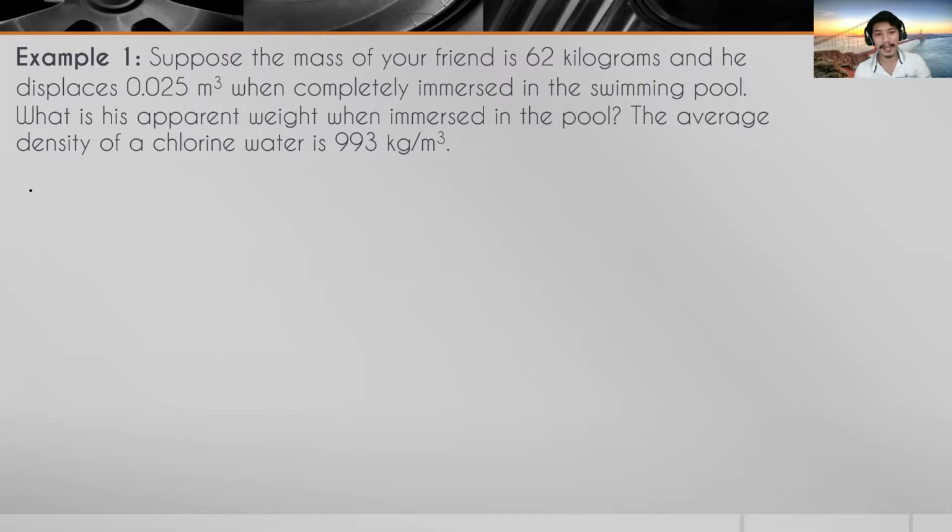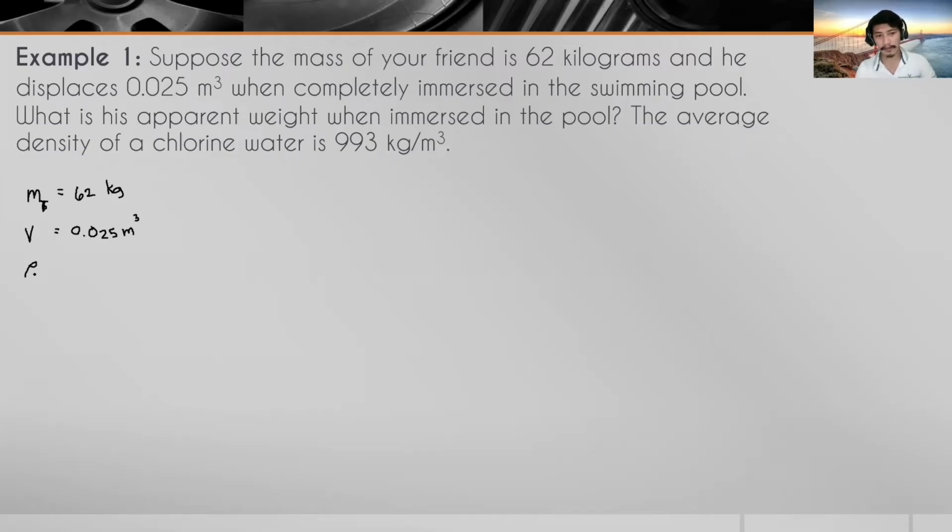So meron tayong mass of our object. So since that is mass on air, tatawagin natin yung true mass. Okay? True mass. Kasi later, that will be called true weight. So 62 kilograms. And he displaces 0.025 cubic meters. So that's the volume of the displaced liquid. What is his apparent weight?